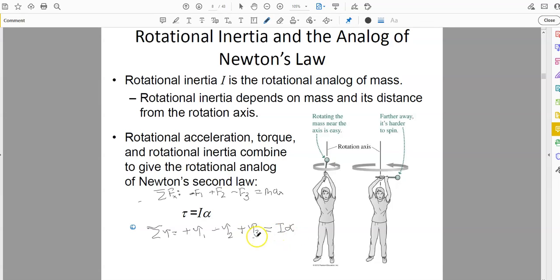You're going to do the same thing with torques, so we'll talk about that in the next part. In this part, though, since it's not going to be moving, alpha will end up being 0, so you don't have to worry about moment of inertia just yet. We'll worry about moment of inertia as applied to these cases in dynamics, energy, and rotational momentum. Okay?